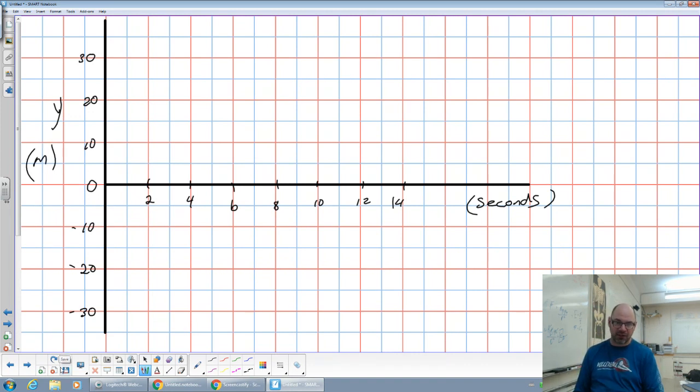Okay, now let's do a sinusoidal graph. So I want you to start down here at negative 20. Put a dot. Okay, we're going to do a sinusoidal function here. Let's go down. Let's put another one at 6. Put another one at 12. Okay, those will be our minimums.